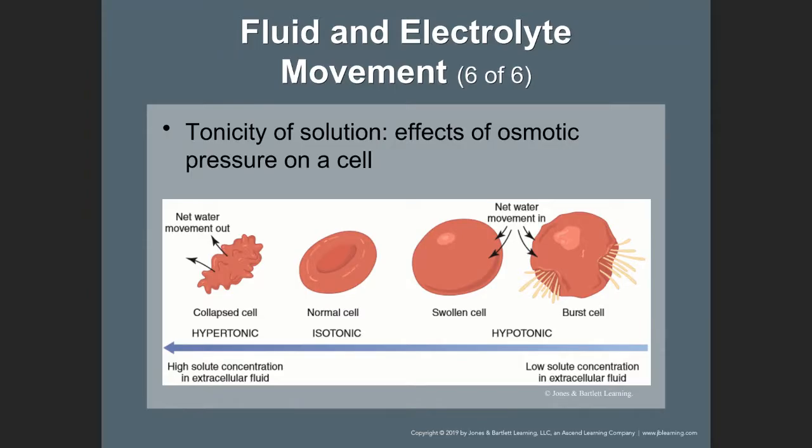That's a hypertonic solution. An isotonic solution is a solution in which the solute concentration in the fluid outside of the cell is the same as the solute concentration inside of the cell. So water can move in and out of the cell without changing the shape of the cell.